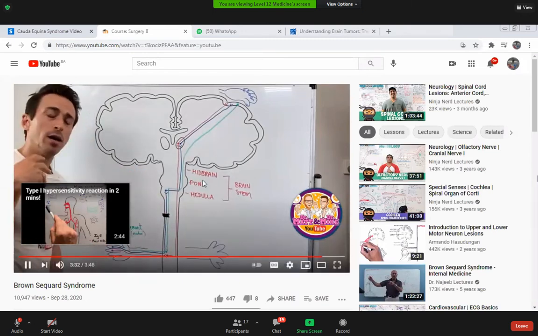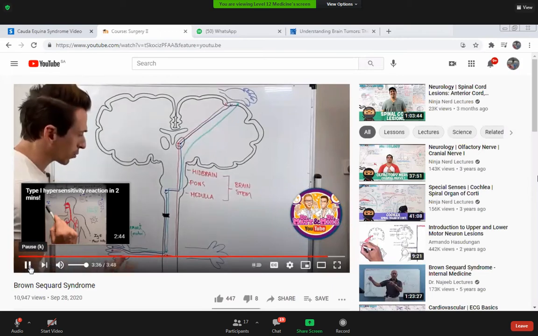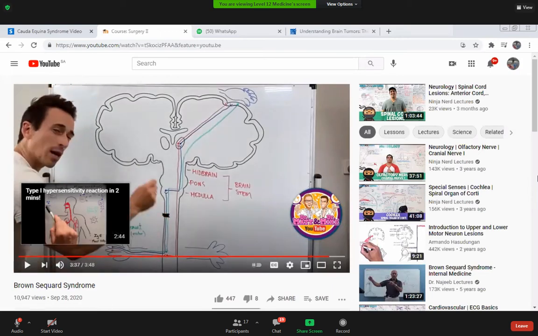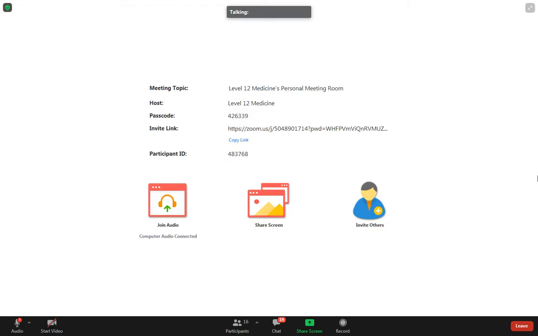This is the reason why individuals who suffer damage or injury to only one half of the spinal cord, usually because of a hemisection or transection of one half of the spinal cord at any level, are affected this way.